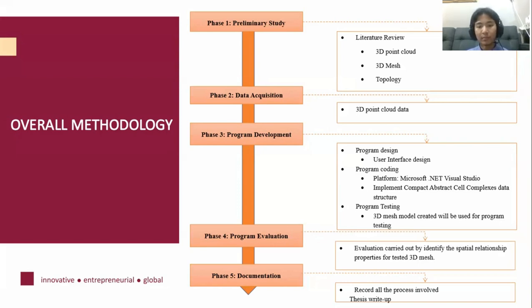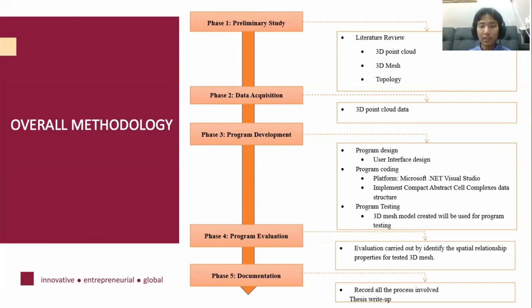Next is program development. In this program development, it consists of 3 phases, which are program design, program coding, and program testing. The program design is conducted to design the user interface for the application. After finishing the user interface design, we will conduct the coding session. The platform that will be used to develop the program is Microsoft .NET Visual Studio.